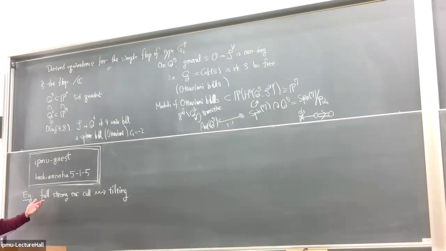Any fullness corresponds to the generator T, and the strong exceptional property corresponds to the relative vanishing.